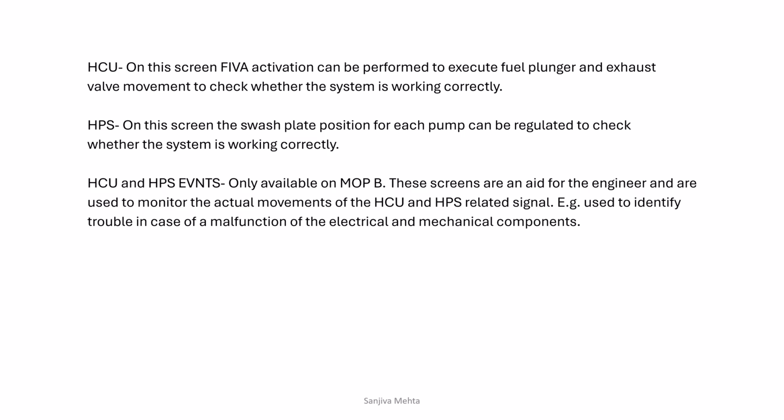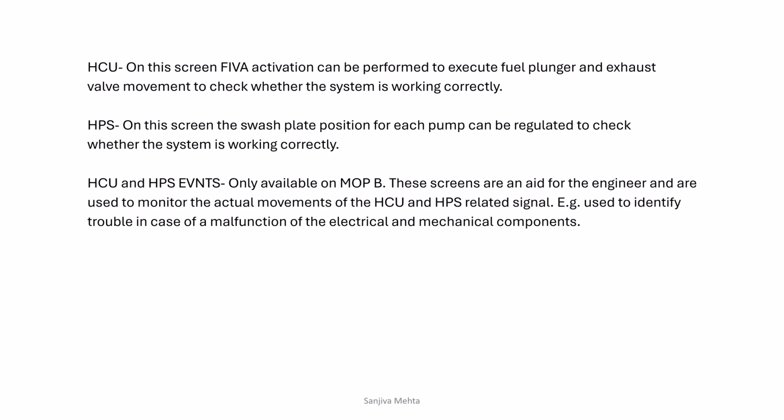When you go to HPS, on this screen the swash plate position for each pump can be regulated to check whether the system is working correctly. You can actually give the desired angle. SCU and HPS events are only available in MOPB. These screens are an aid for the engineers and are used to monitor, as I said, the actual movement of the SCU and HPS related signals.